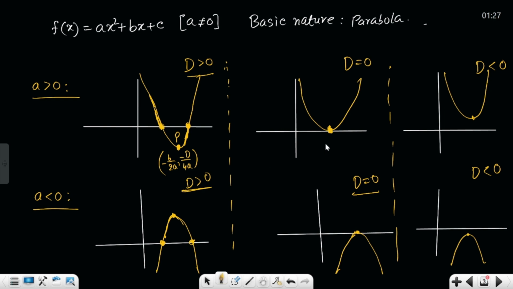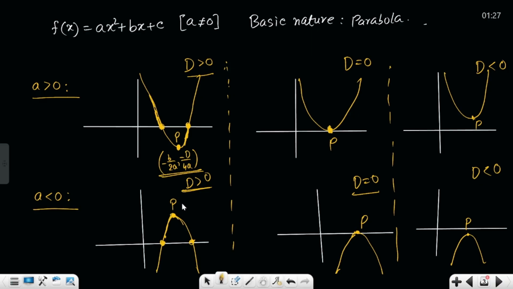Clear? So this is also P, every vertex is P, and the coordinate of P is minus b by 2a comma minus d by 4a. For a less than 0, it will be the maximum.